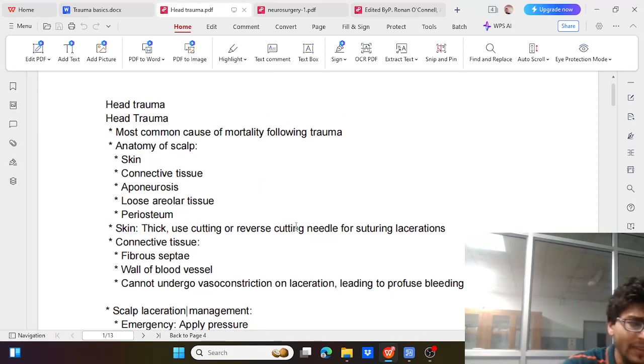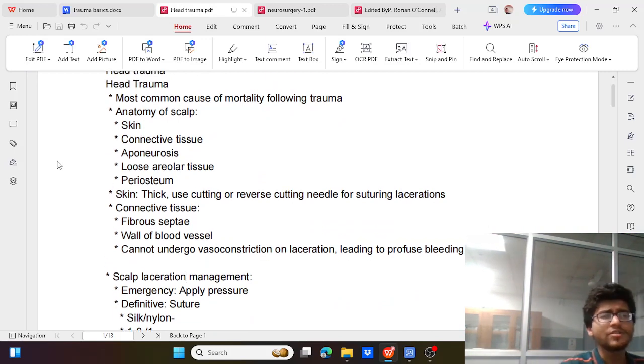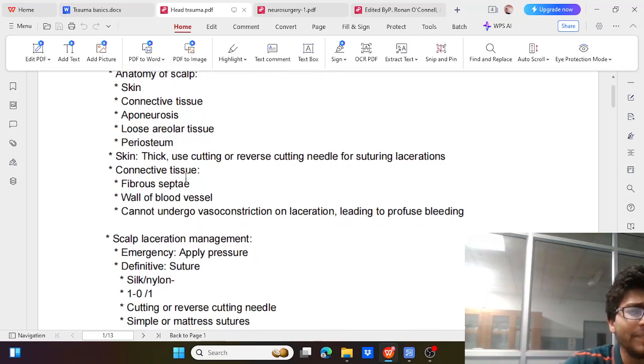Before starting, we'll just go through the anatomy of the scalp. As we know, the scalp has a mnemonic, that is skin, connective tissue, aponeurosis, loose areolar tissue and periosteum. Since the skin is very thick, while suturing we have to use a special needle, which we'll discuss.